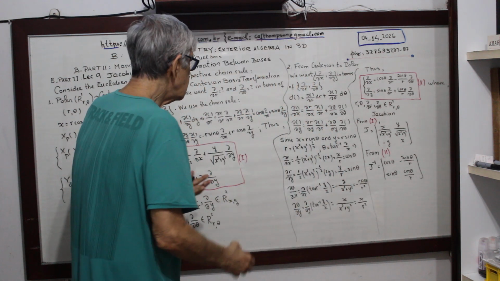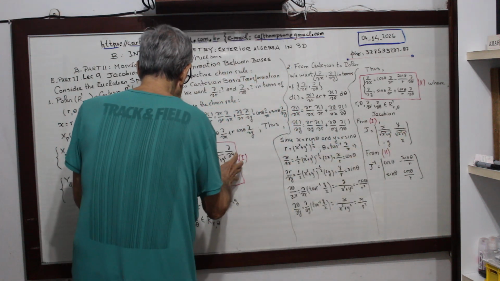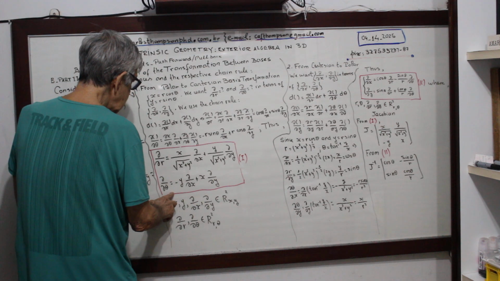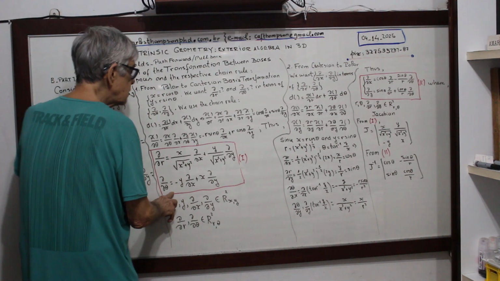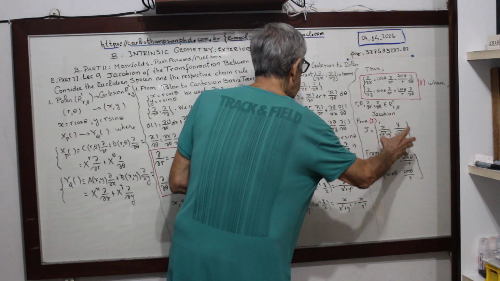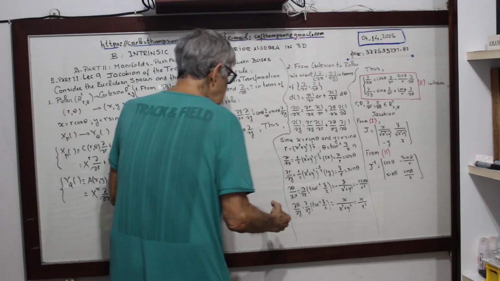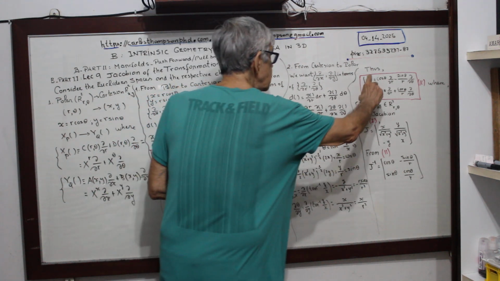You see? So if you apply this over here in 1, I get the polar basis. If I apply the inverse, then I get exactly this partial derivative over here.